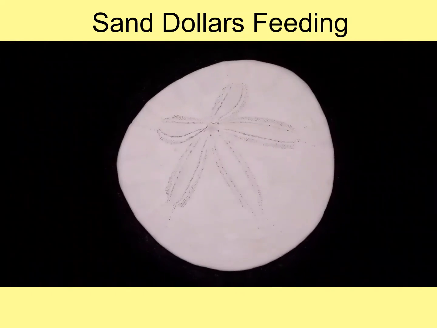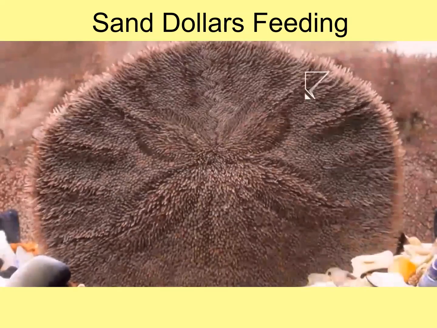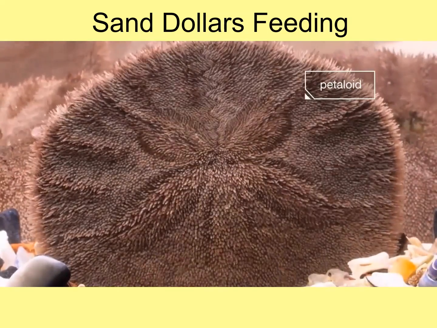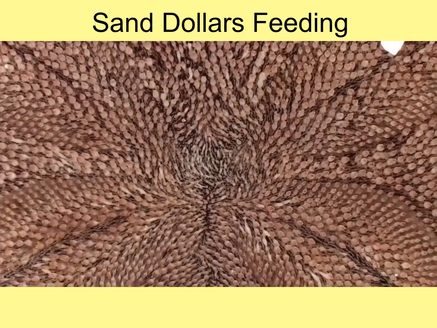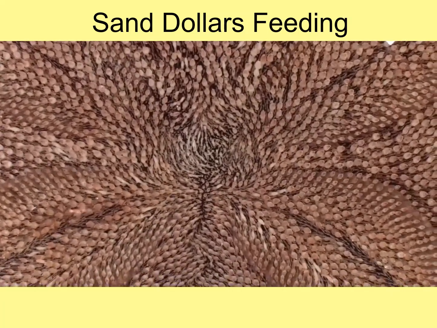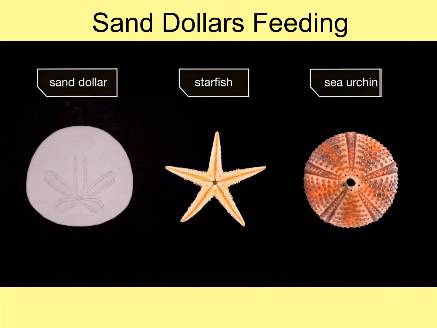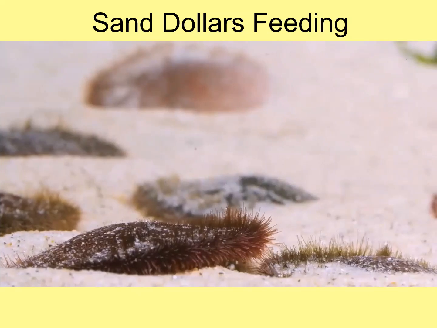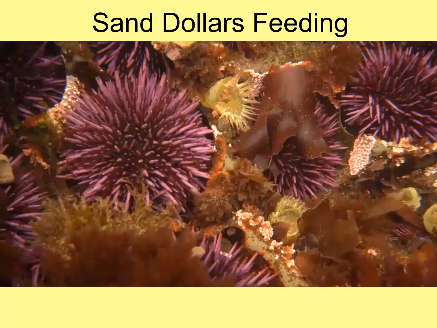So what about that part that looks like a flower with 5 petals? It's called the petaloid. They have special tube feet there that help the sand dollar breathe, absorbing oxygen out of the water. You can see that same 5-point body plan on the skeletons of their relatives, like starfish and sea urchins. In fact, sand dollars are just a type of flat sea urchin.